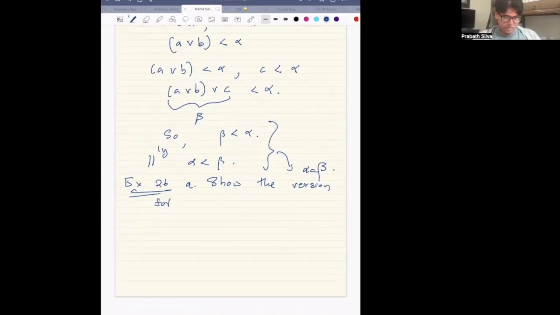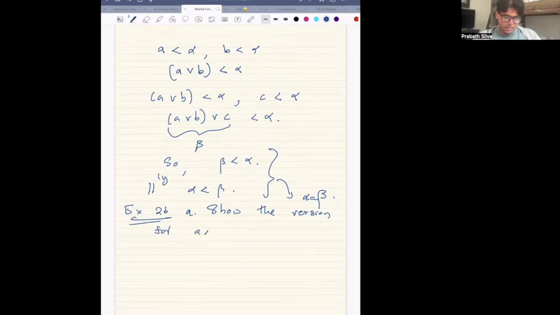Version for the intersection. Okay, and you mean state and prove it.